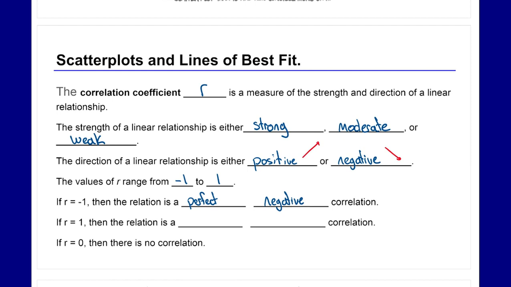And if R was 1, it's almost the opposite. We have a perfect positive correlation. So this means the points in our graph would be going upwards to the right in a perfectly straight line. And if we have an R value of 0, it means there's no correlation, right? There's no relationship, there's no correlation between the two variables that we're looking at.